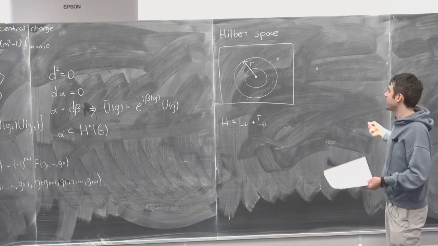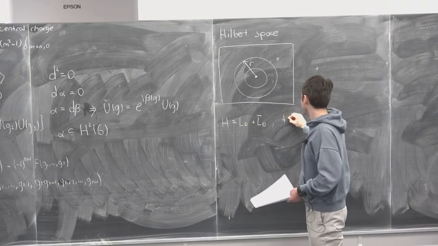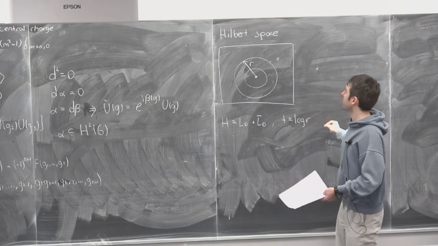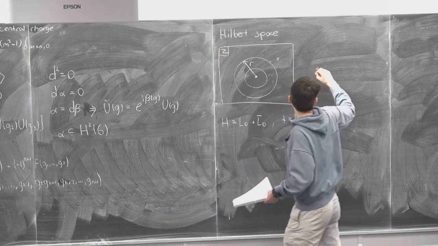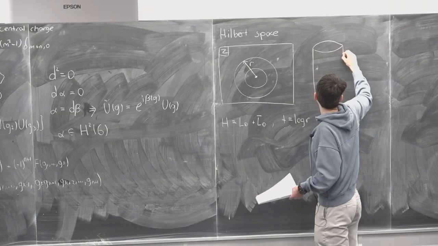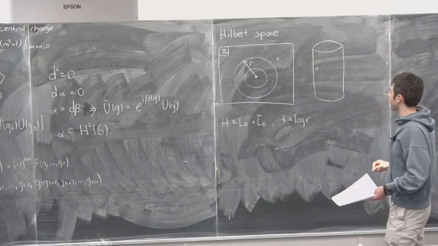And you shouldn't take this too literally, but it goes along with the idea that you can define a time to be the log of the radius, in which case this complex Z plane is mapped to a cylinder with time running vertically.